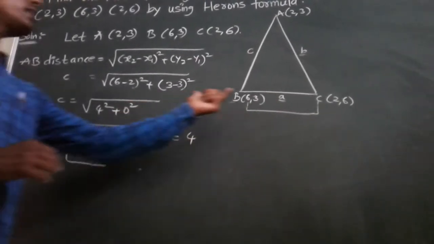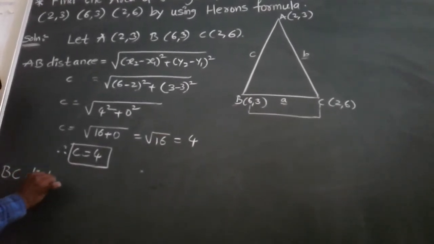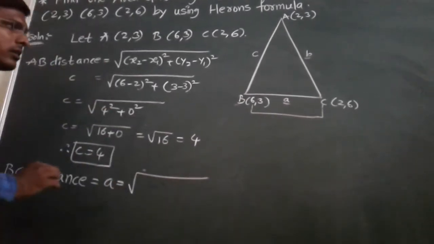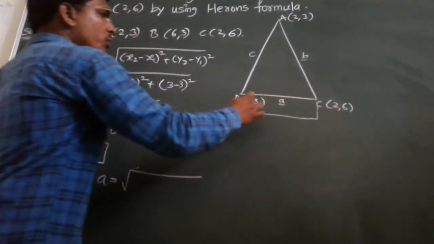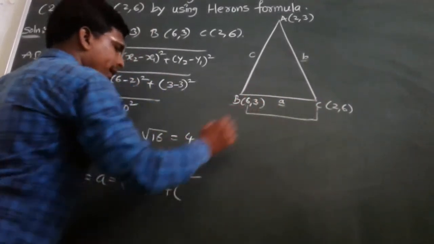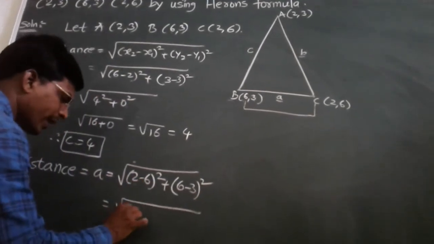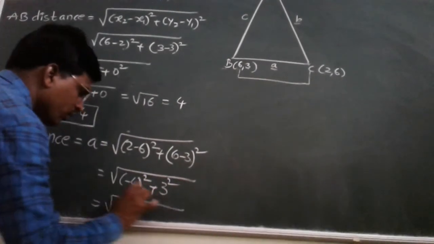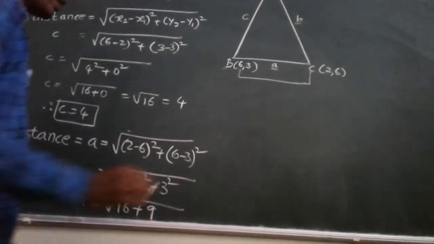In the same way, you can find the distance between B and C. The BC distance is nothing but the A value, small a. Apply the distance formula with x1, y1, x2, y2: (2 minus 6) whole square plus (6 minus 3) whole square. 2 minus 6 is minus 4, whole square is 16, plus 3 squared, 9.